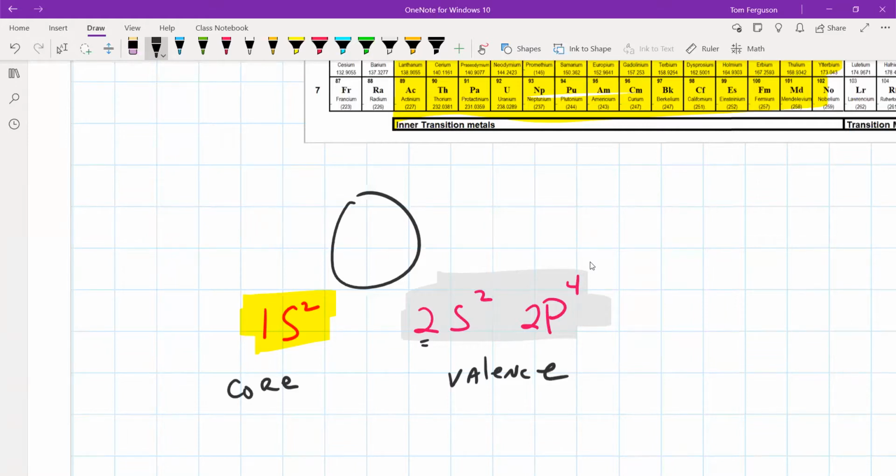Now, a couple review here. We have 4 electrons in the P subshell. This would be shell 2.